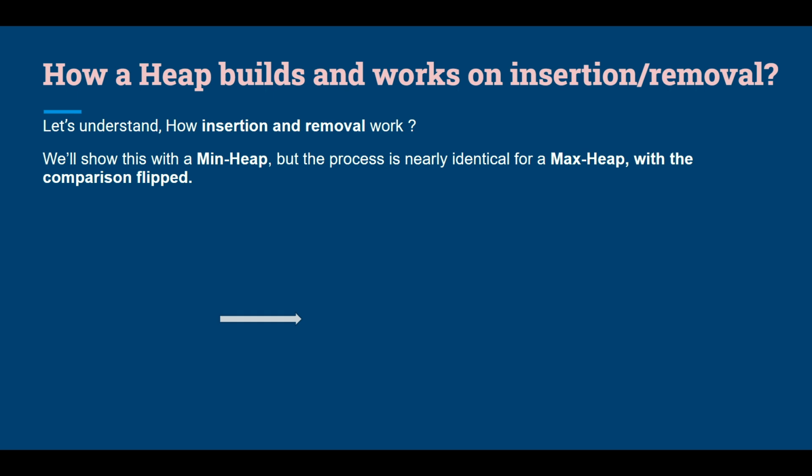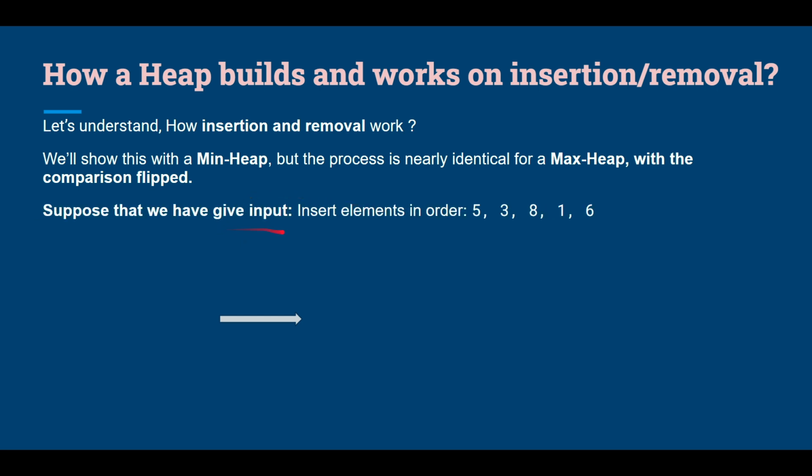Means the comparison should be flipped, or just reversed. Suppose we have a given input and have to insert the elements 5 3 8 1 6. The very first element we want to insert is 5, so we are building the heap. We take the 5 from this array and insert it into the heap.